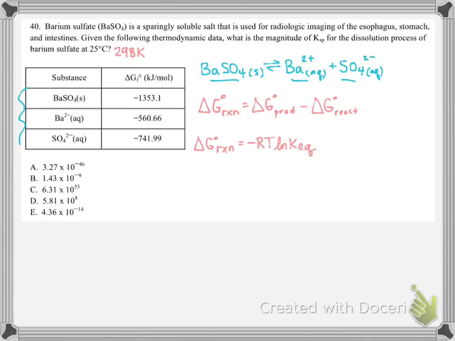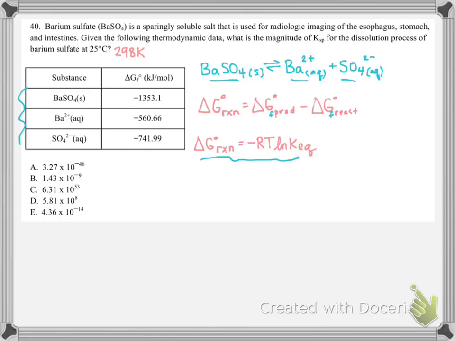And so we can relate these delta G values to KEQ, or KSP in this case, with this reaction here. This is on the data sheet, but it gives us a direct connection to delta G and KEQ. And since we have individual delta G's of formation, we'll just do the delta G's of formation for the products minus reactants to get the overall change in delta G for the reaction.